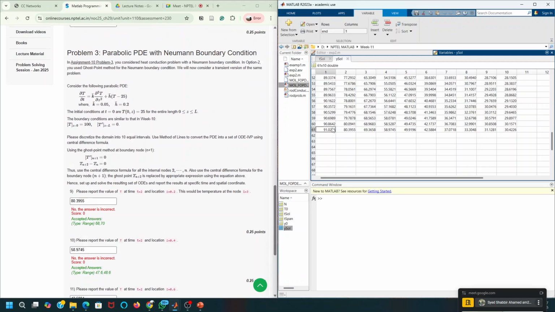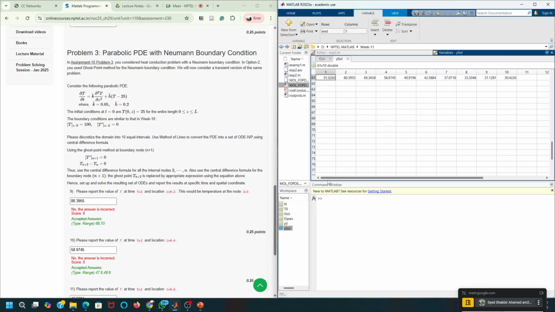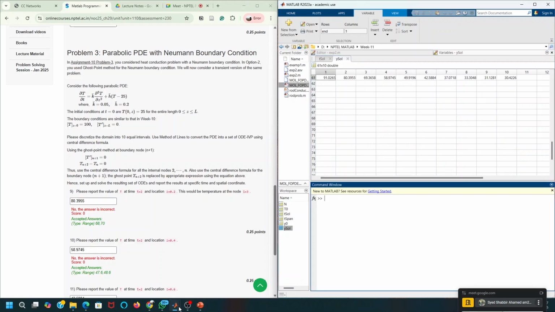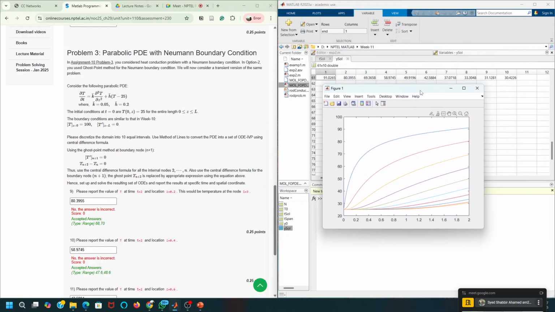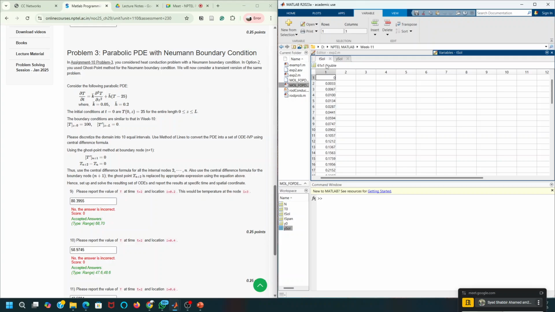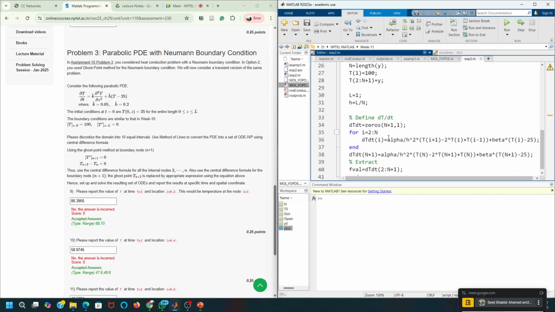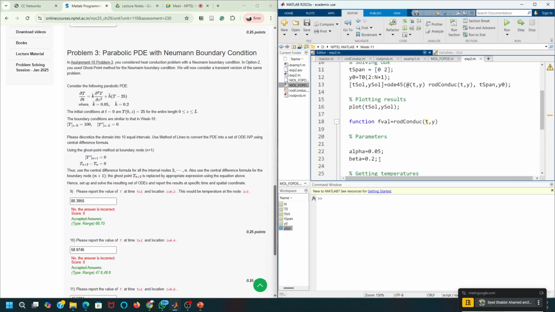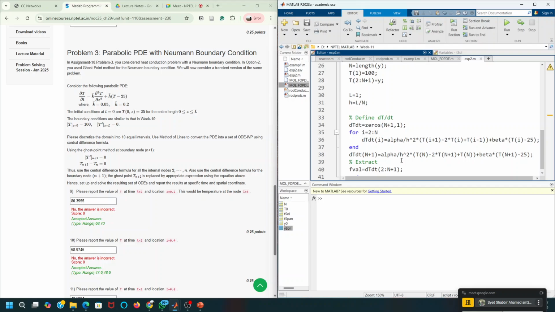Yeah, zero temperature measure, and we plot it also. We are getting a good thing. Plot it for, let's say, 20 seconds. All the parameters are also right.